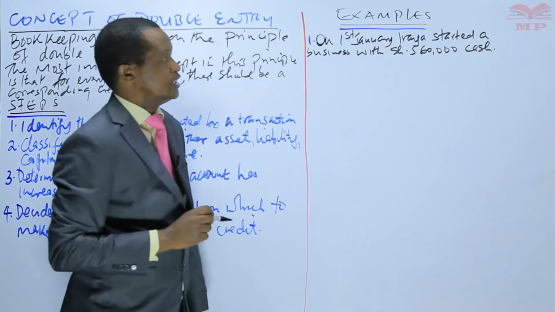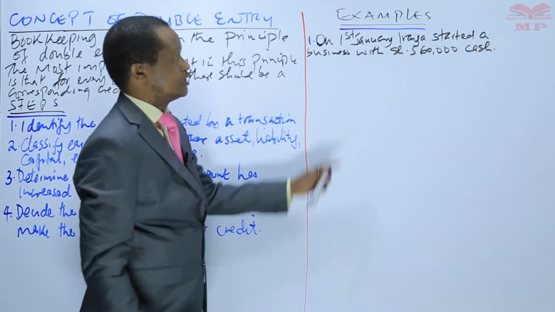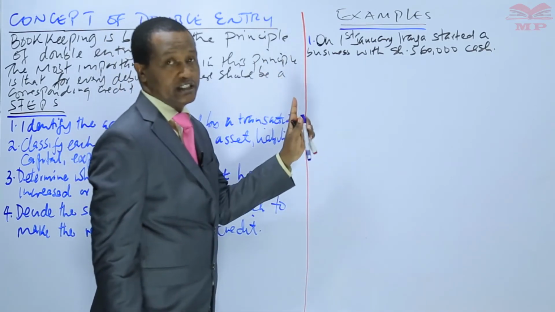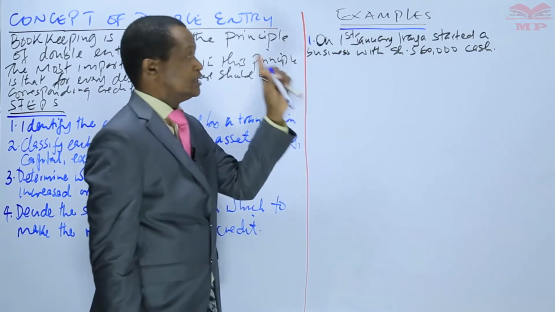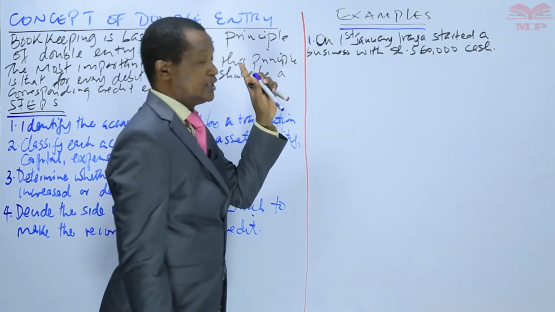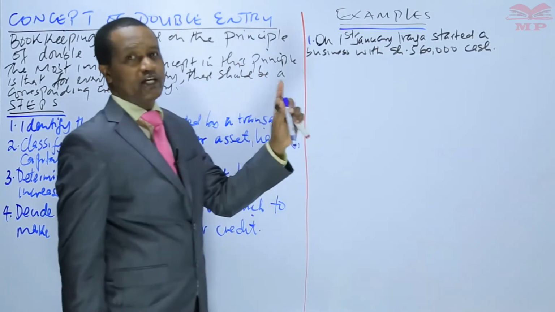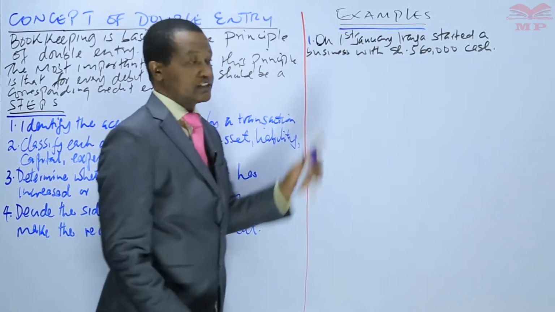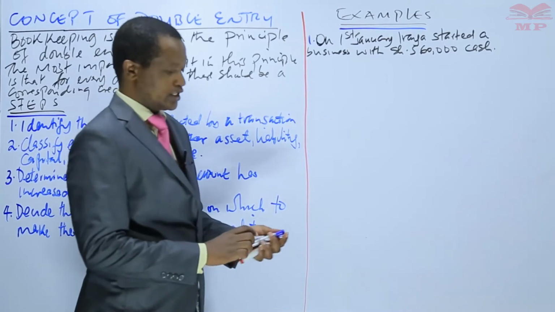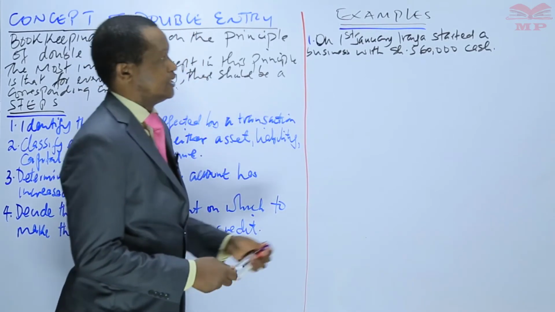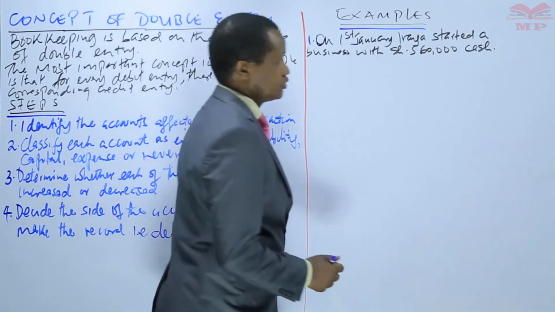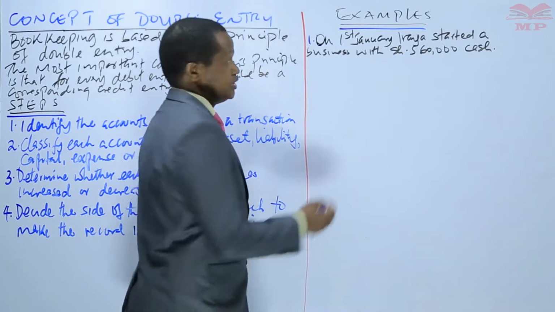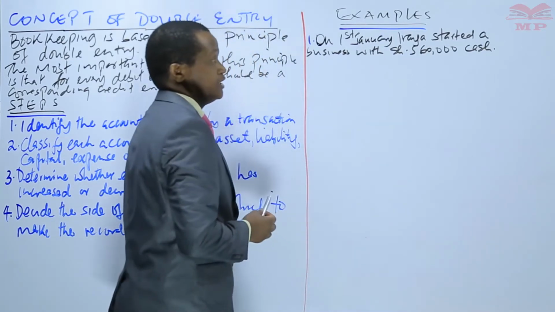That is a transaction. You want to record these transactions in the ledger account. So we said step number one is to identify which two accounts are affected by this transaction. Which two accounts are affected by this transaction? And that one, we just get it from the question.